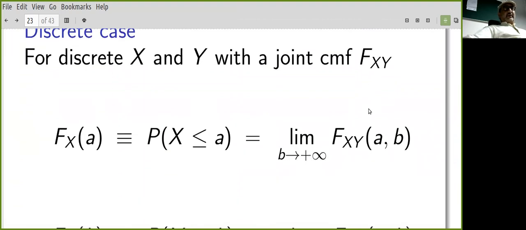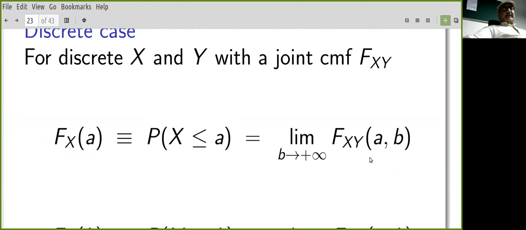Now, what if you have the cumulative functions? Let's suppose you were given a joint CDF, f sub xy of a, b. And what's f sub x of a? F sub x of a is the probability that x is less than or equal to a.